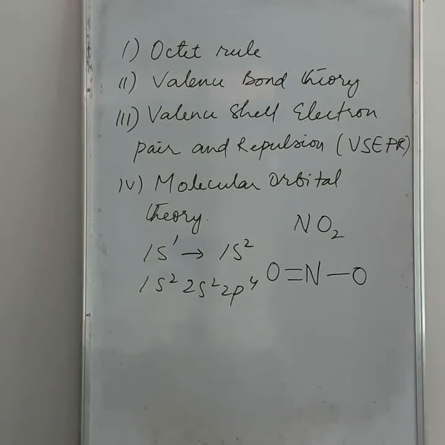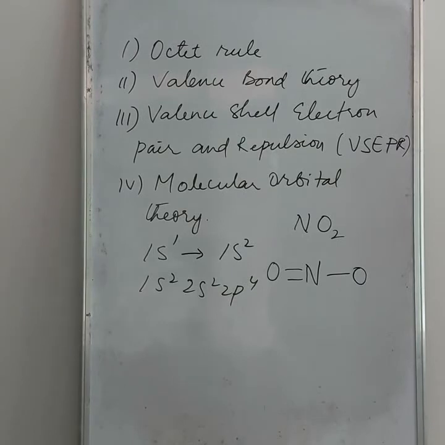So there are some limitations to the octet rule, like the incomplete octet of the central atom. Sometimes it happens, and there is also the expanded octet, where the central atom has more electrons than what is actually required. Examples are phosphorus pentachloride and sulfur hexafluoride.